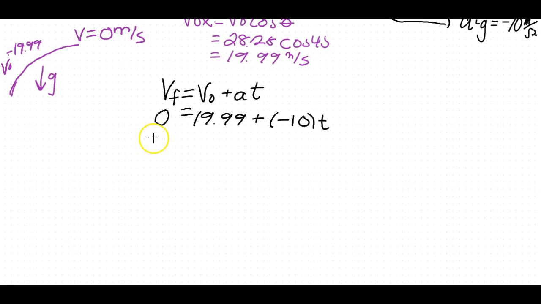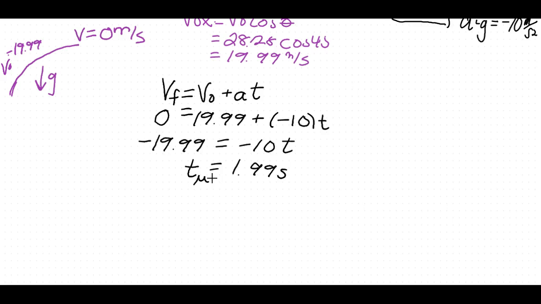When you solve, you bring over the 19.99 to the left side, so you're going to get negative 19.99, and that's going to be equal to negative 10t divided by negative 10. T is going to be 1.99 seconds. That's the time up for this problem. All right, time up, 1.99 seconds.